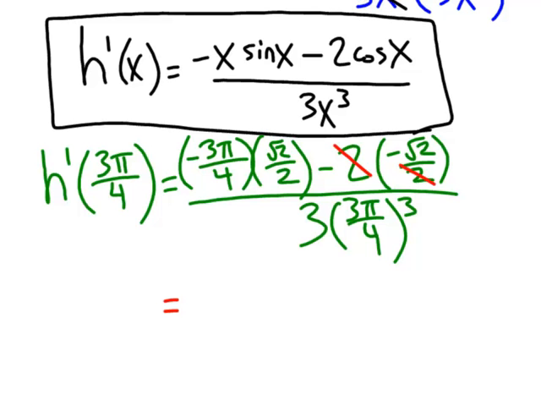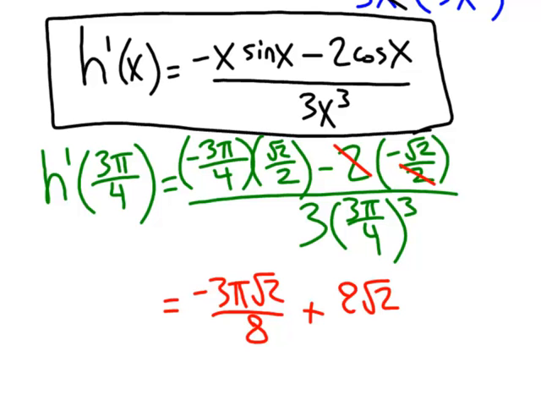Let's clean this up. We've got up here negative 3 pi root 2 all over 8. And now I've got minus negative root 2, right? So that's just plus root 2. But I'm looking a step ahead. So I'm going to put plus root 2, but I'm anticipating that I need to combine it with that first fraction.